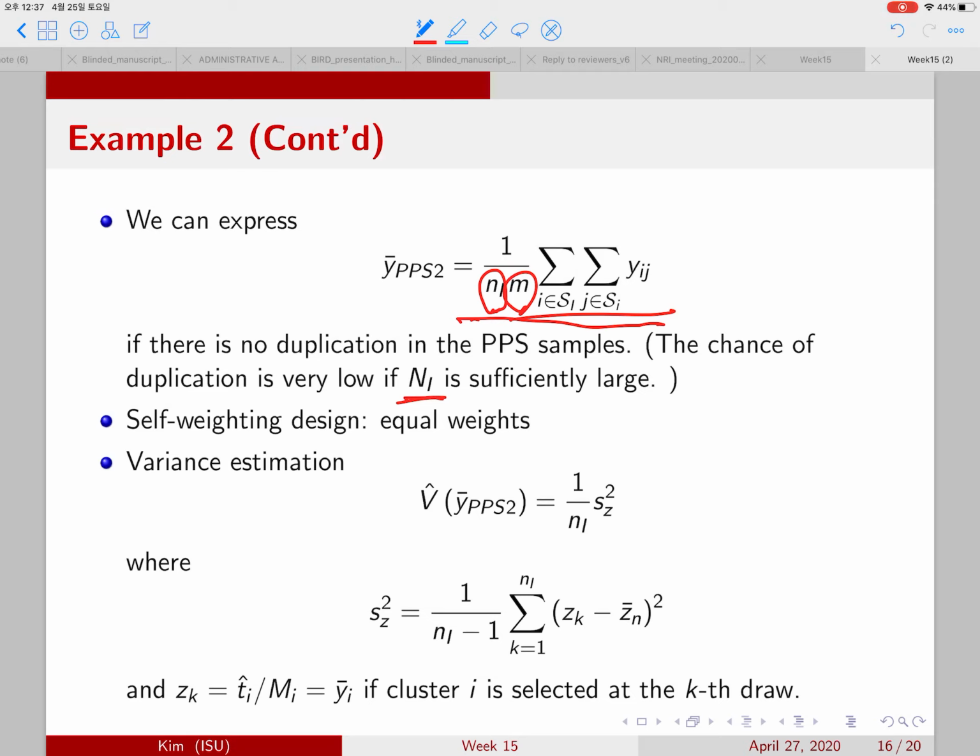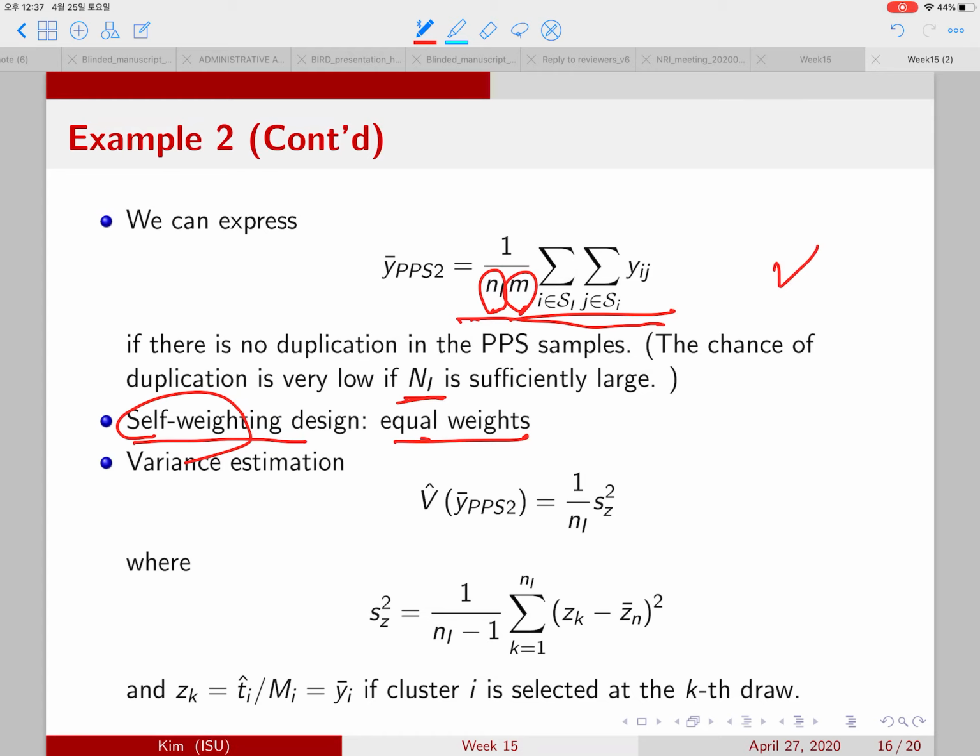So we'll just use this one. This expression means that samples have all equal weight, so this is called a self-weighting design.